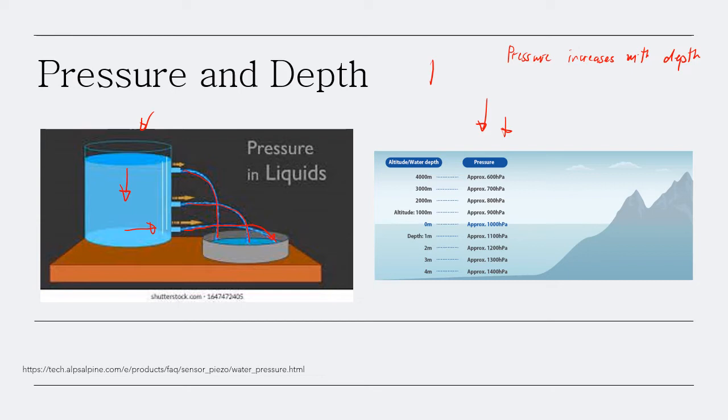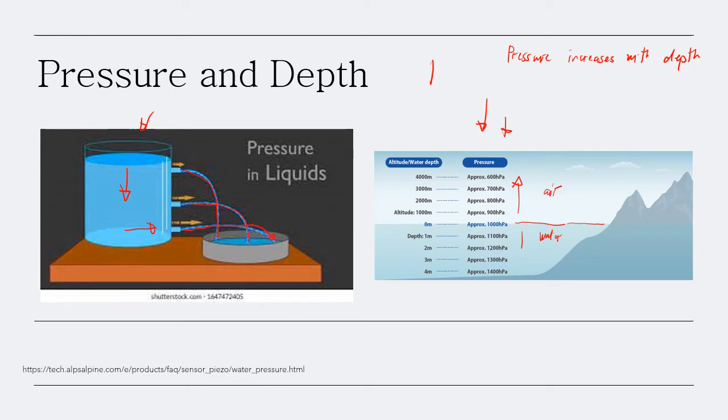This diagram shows the relationship between the altitude and air pressure and between water depth and water pressure. So here, this is already water, this one is air. Water, this is air. So if we move up, or if we have the elevation, then the pressure decreases, right?